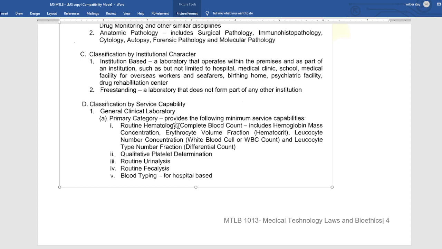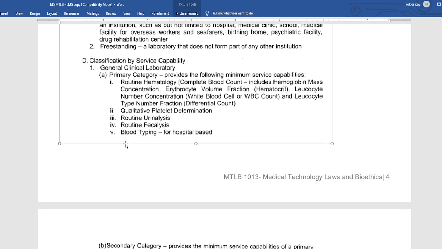When we say primary category, it provides the following minimum service capabilities. Lahat ng test na to, these are conducted, or these are service capabilities ng primary category, which means all of these tests, they can offer.